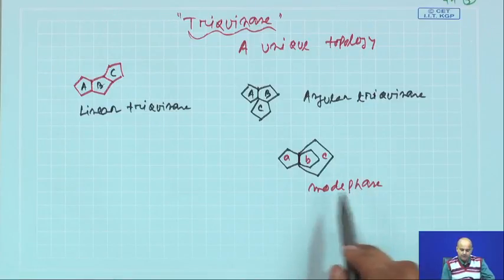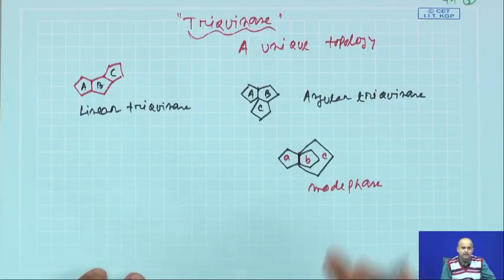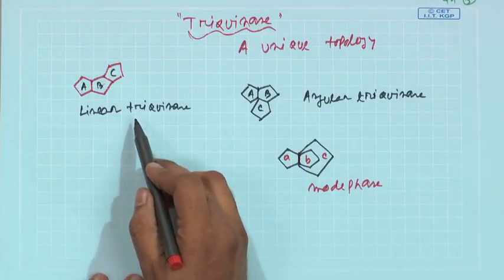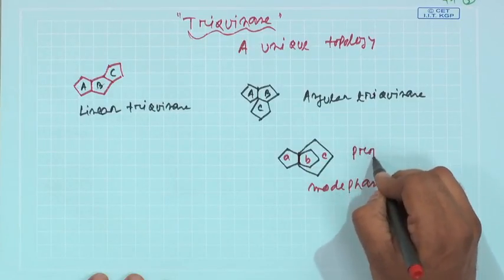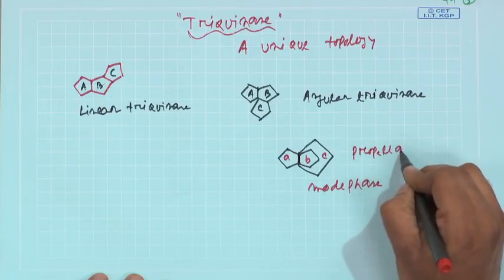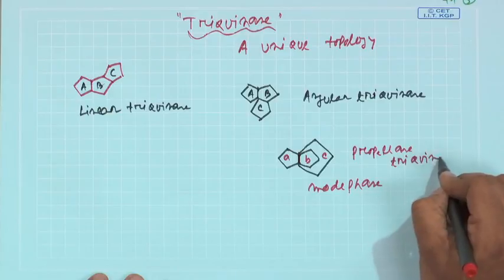There are a large number of natural products which have this kind of structure. So, linear triquinane, angular triquinane, and this kind of triquinane are named as propellane triquinane, where a propellane structure is definitely there.